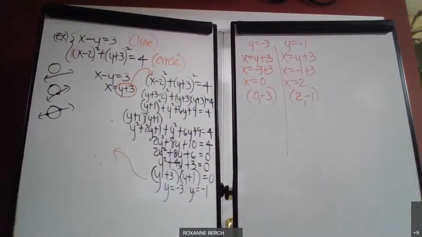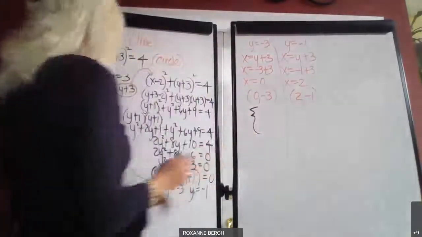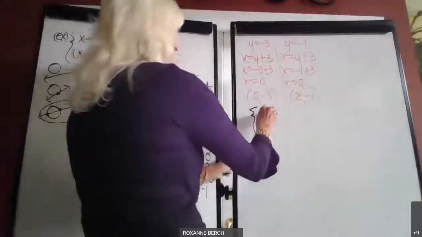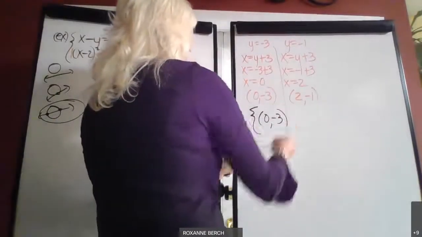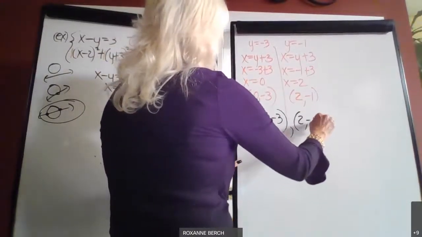These are correct, by the way. So your solutions are, it's this case right here. You're going to have 0 down 3 for one of the solutions, and the other solution is the point 2, -1.